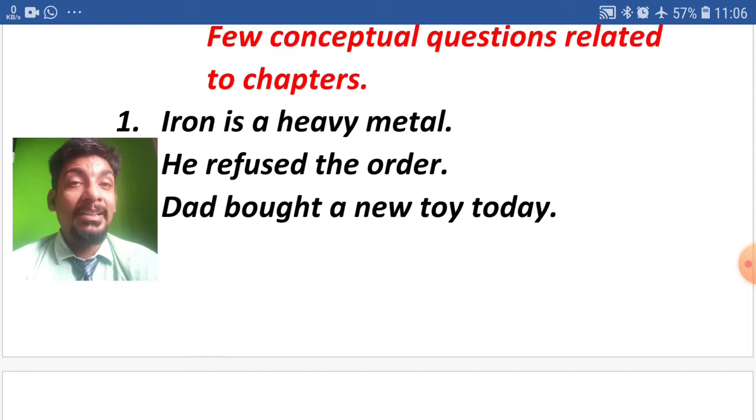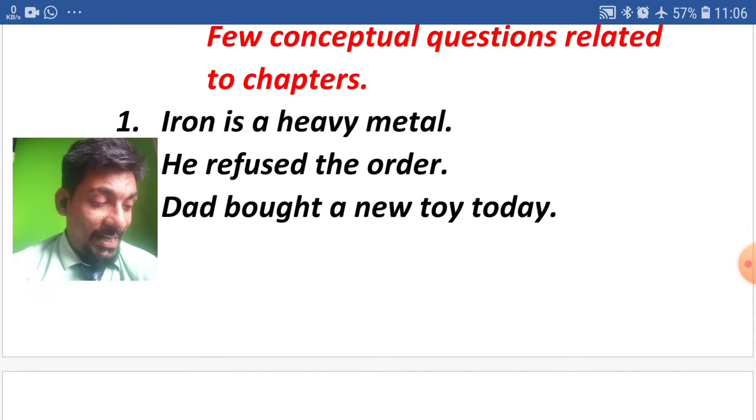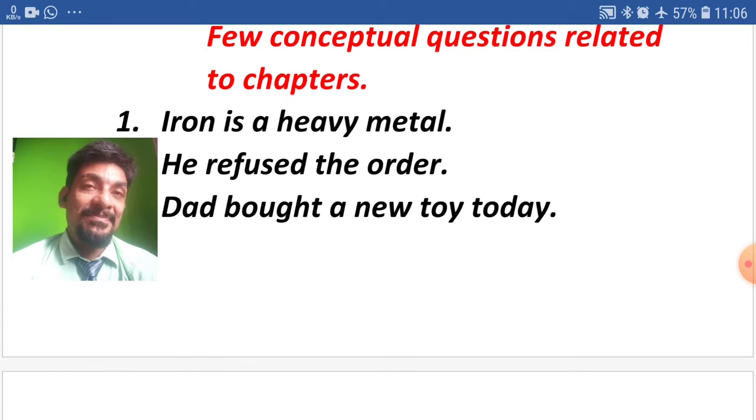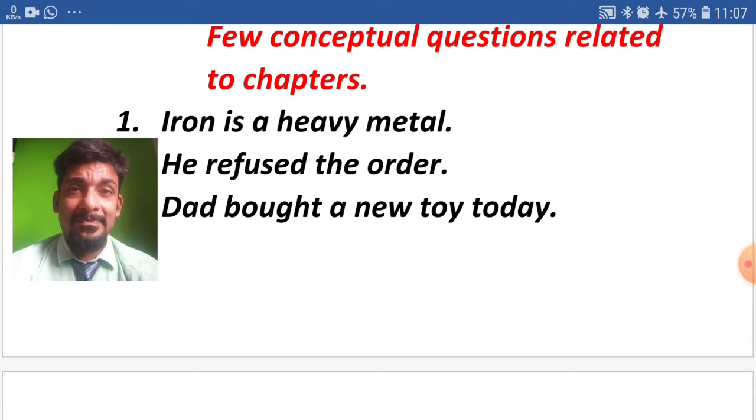And if you can identify the verb and the object, you can easily identify the predicate. I'll try to solve this exercise in front of you, and explain each and every point, why is this and why is that. And with this, I'll try to clear the concepts of this chapter.